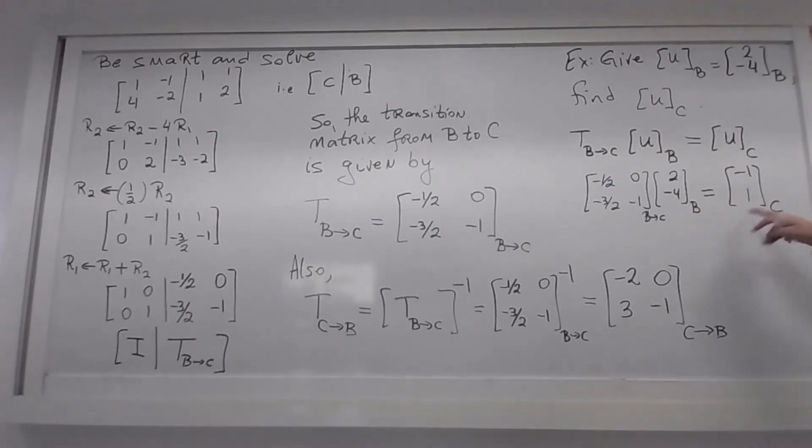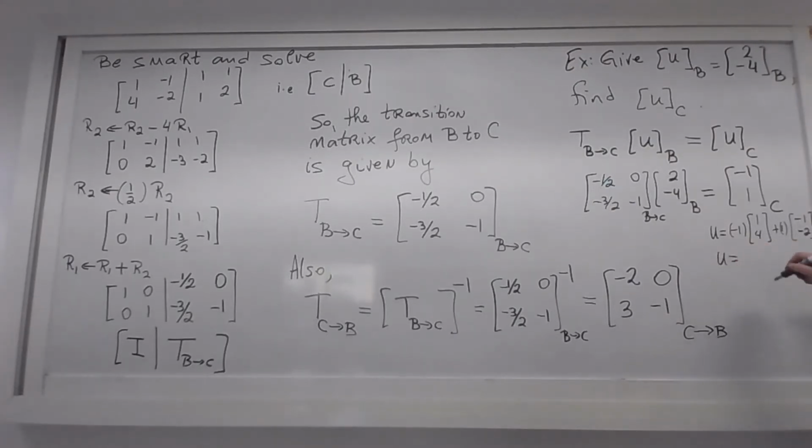I still don't know who's the guy. I know his coordinates in basis B, and I know his coordinates in basis C. But it's not complicated to find who's U. U is, it says here, negative 1 times the first vector from basis C, which is 1, 4, plus 1 times the second vector from basis C. That's what it is.